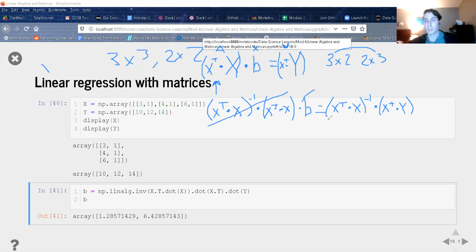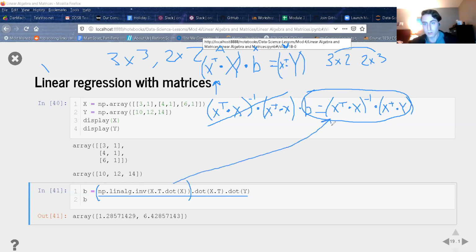And then our b is equal to this term here. And that's what this is in Python. So this part here is just this part, and then that, and then that.